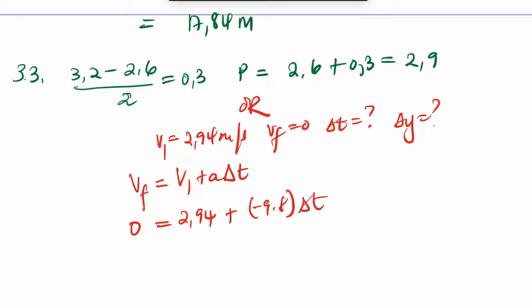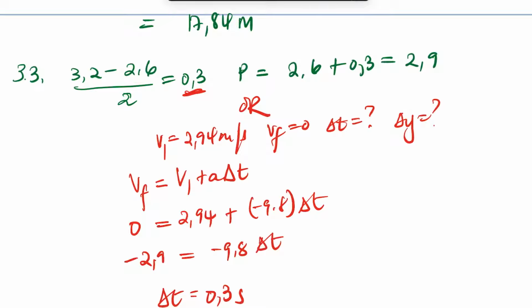Remember, it's very important. Then 2.94 is negative when I transpose to that side. 9.8 change in T, and then our change in T, let me punch that in the calculator. 2.94 divided by 9.8, it's 0.3.